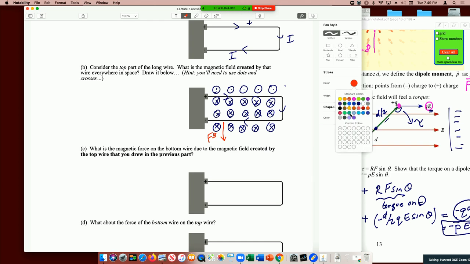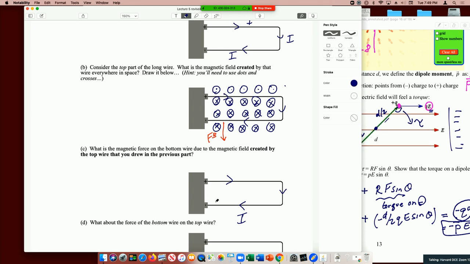So now we want to do exactly the same thing, but with the top wire. Okay, so let's draw the magnetic field as a result of the bottom wire acting on the top wire. So again, I'm going to use the first right-hand rule. I'm going to put my thumb in the direction of the current, so that's this here, right? And the field curls into the page in the middle and then out of the page below, right?